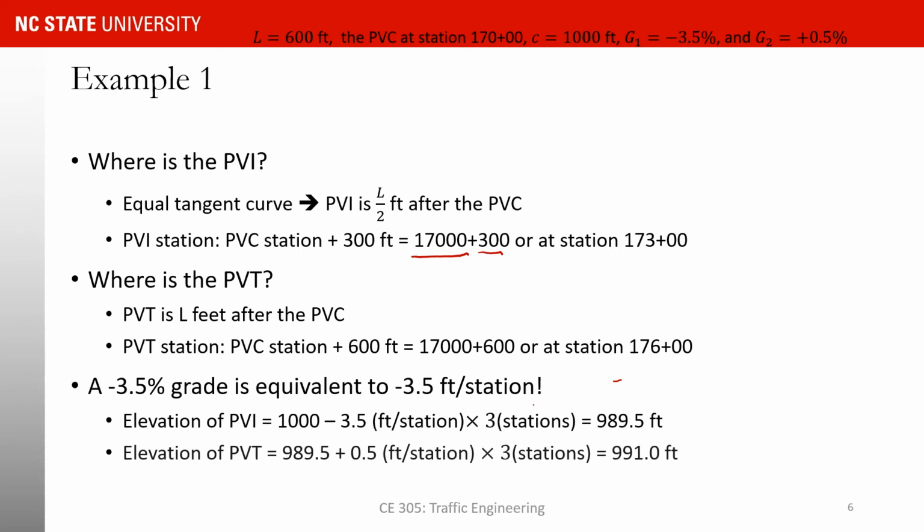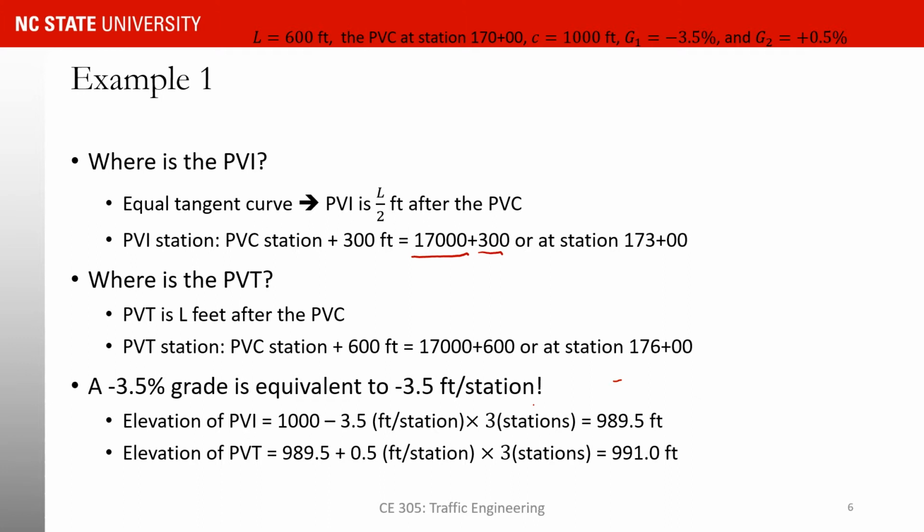So we want to find the elevation of PVI and PVT, and we have the elevation of PVC, and we have the slope of the first grade, it's negative 3.5. So that means that the elevation decreases by 3.5 feet per station, and from PVC to PVI we have 3 stations.